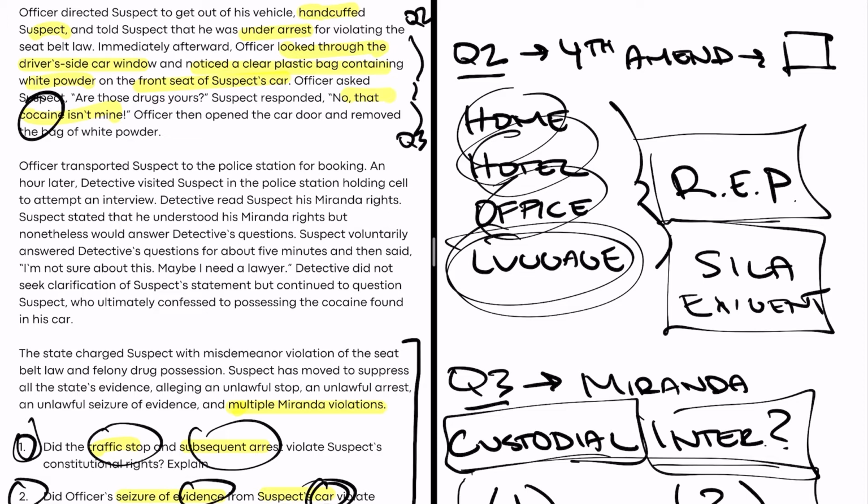Under the plain view doctrine, police may seize evidence without a warrant if the police are lawfully in a position from which they view the object, the object's incriminating character is immediately apparent, and the police have a lawful right of access to the object. Again, because this is a parked car, police are going to have a lawful right of access to this cocaine.